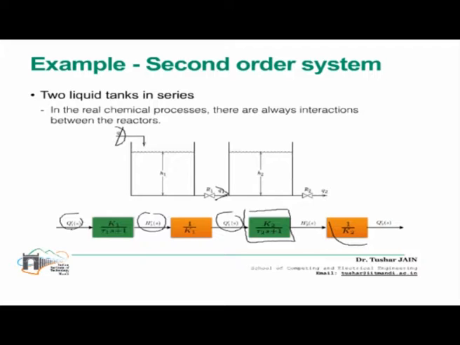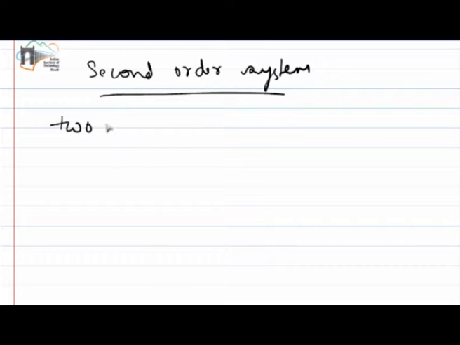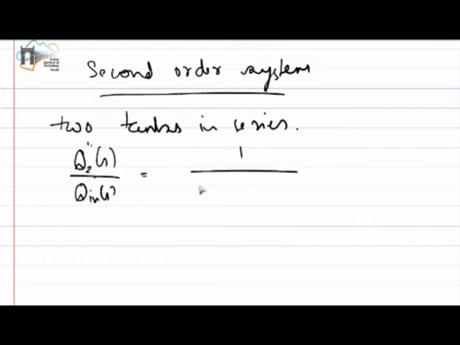So I could write over here the system from Q2 dash(s).